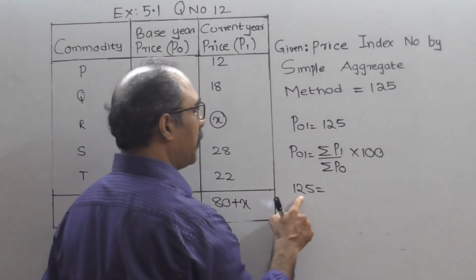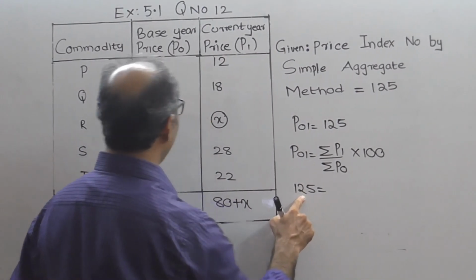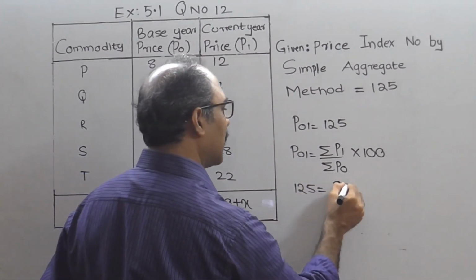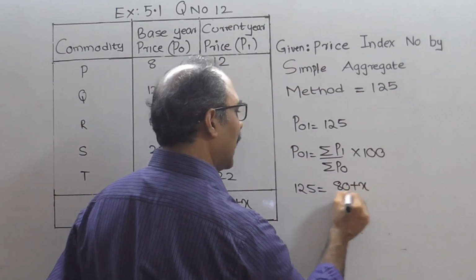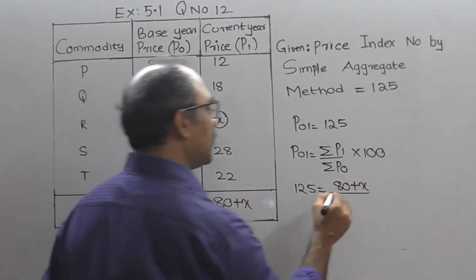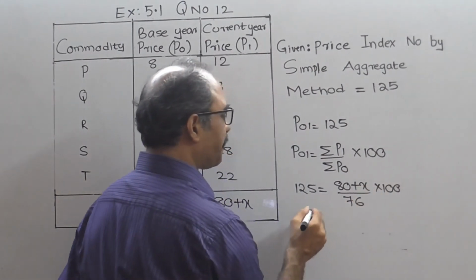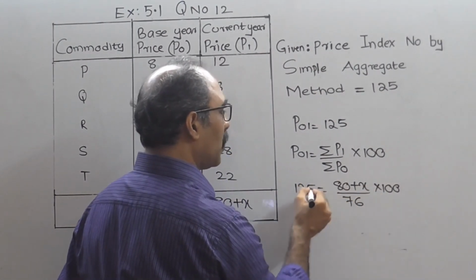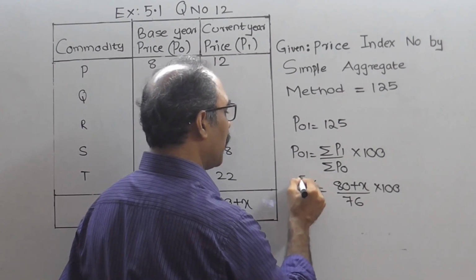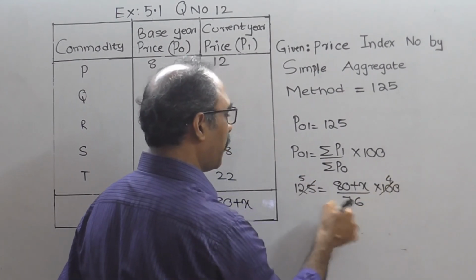First I will put P01 as 125, sigma P1 I will write it as 80 plus X, sigma P0 76 into 100. You can divide both the sides by 25. 25 will go here 5 times and 25 will go here 4 times.